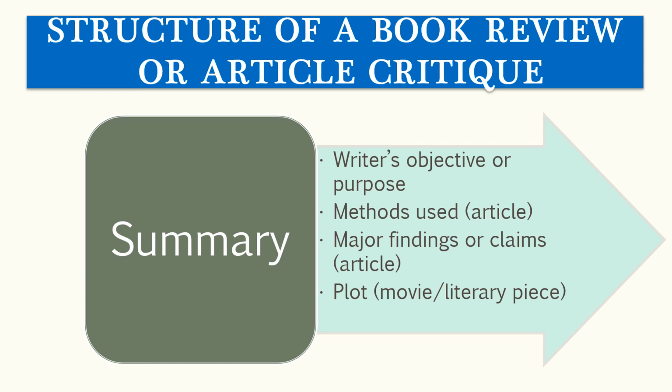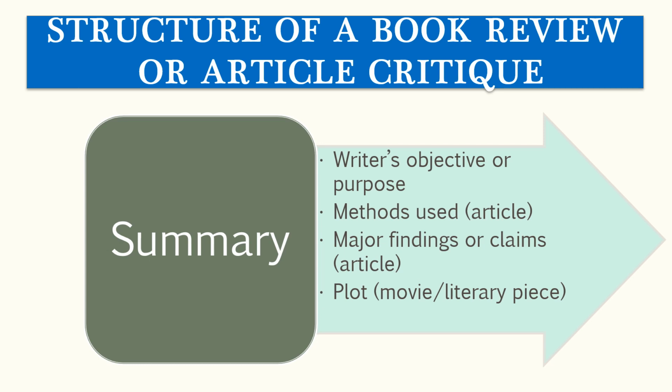First of all, I think the question came because it was stated in one of the contents that I made that in the structure of a book review or an article critique, you can mention in the summary the writer's objective or purpose, methods, major findings, plot, and also the techniques and styles.